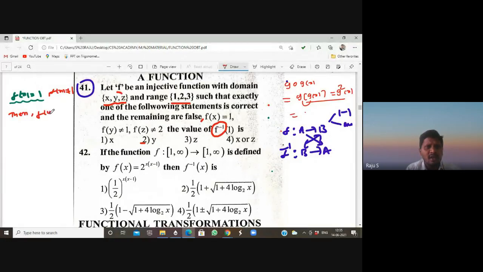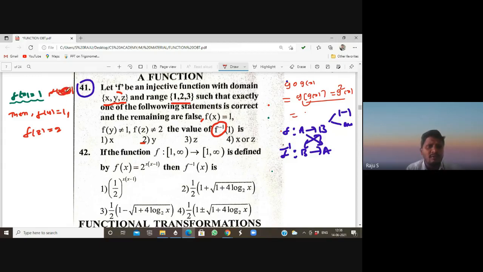Like f of y they given as not equal to 1 here, I'm taking equal to 1. And f of z, what they given? F of z value not equal to 2 is given, and I'm taking equal to 2. I will tell you why we want to take this. So f of x is equal to 1 in the sense f of y opposite. Remaining two cases you can take opposite.